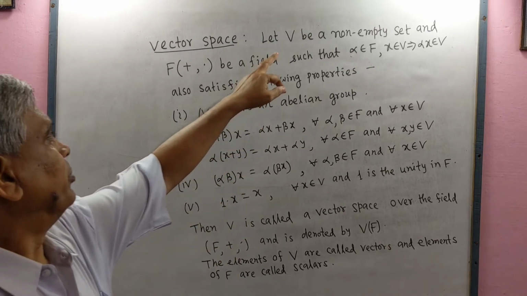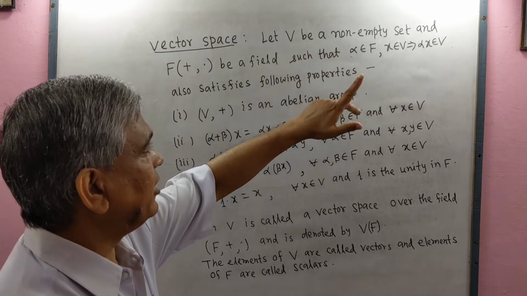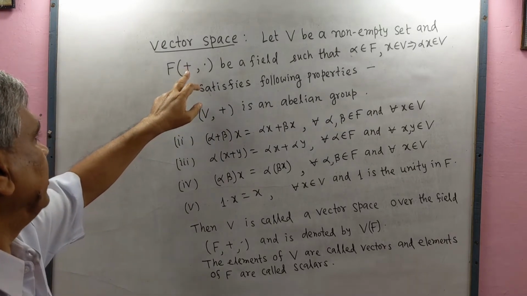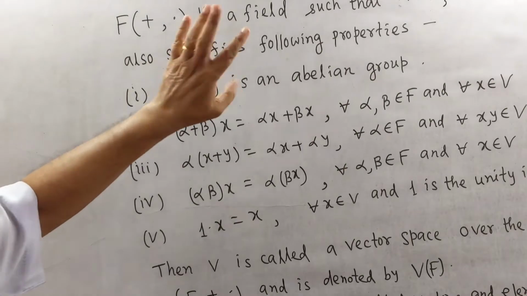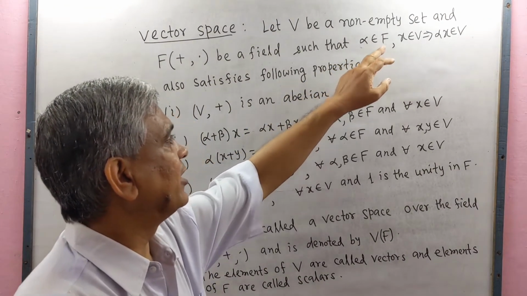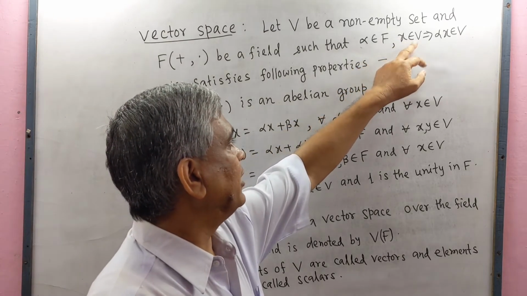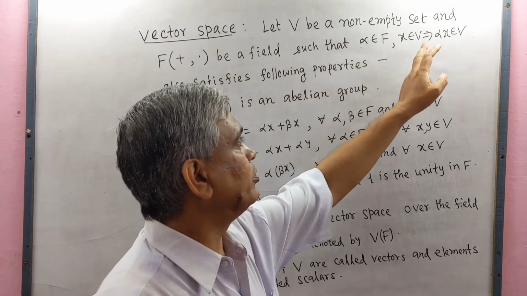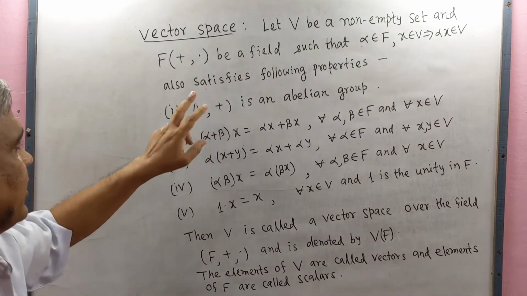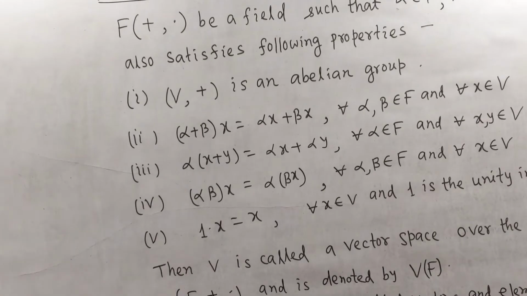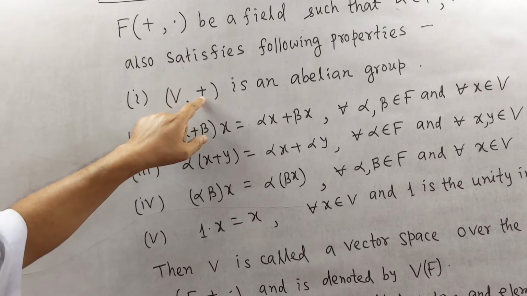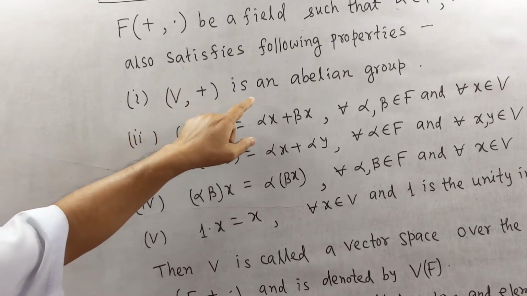Let V be a non-empty set and F, with binary compositions addition and multiplication, be a field such that alpha belongs to F, x belongs to V implies that alpha x belongs to V. Also it satisfies the following properties. Number one: V with binary composition addition is an abelian group.